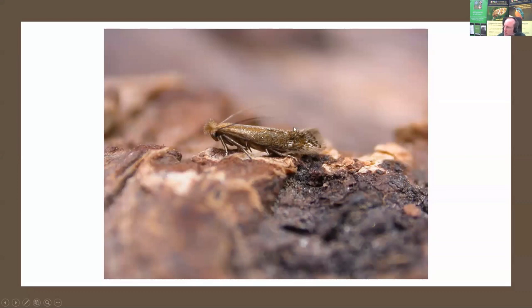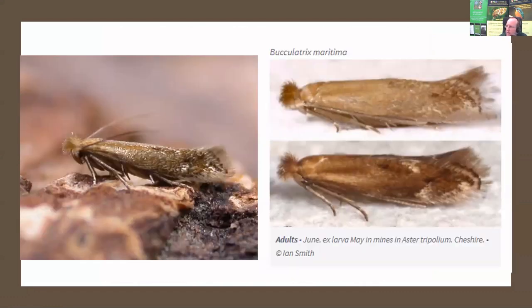But no. The thing is, I already knew what this was when it appeared, because I'd actually reared it from its larval food plant, which was sea aster, and that makes it Bucculatrix maritima. And how would you have identified it? Good question. If you hadn't reared it from the sea aster, you'd have really struggled, because it's not in Sterling, Parsons and Lewington.